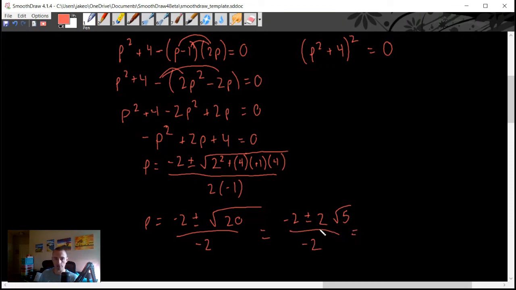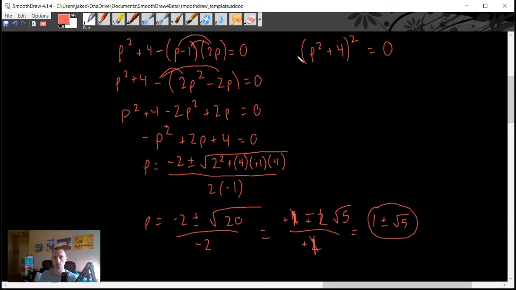Which then is going to simplify down to, basically this negative can cancel with all these, and the 2 is going to cancel with all these, turning all of them into a 1. So we get 1 plus or minus the square root of 5 all over 1. So 1 plus root 5 and 1 minus root 5 are 2 of our critical numbers.